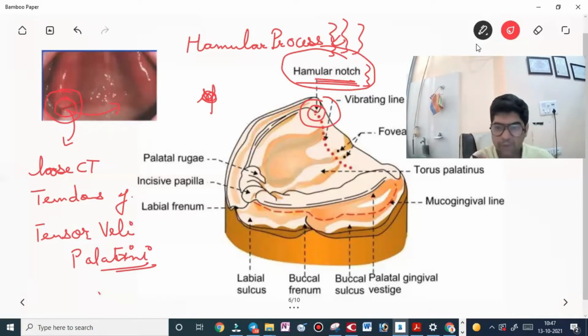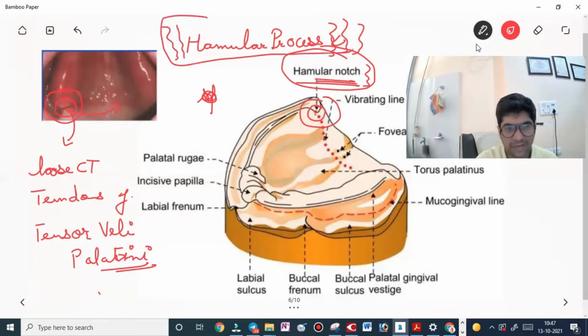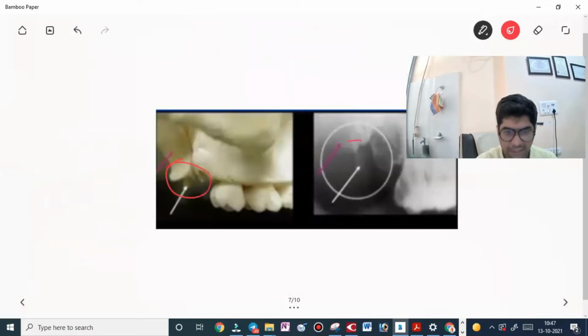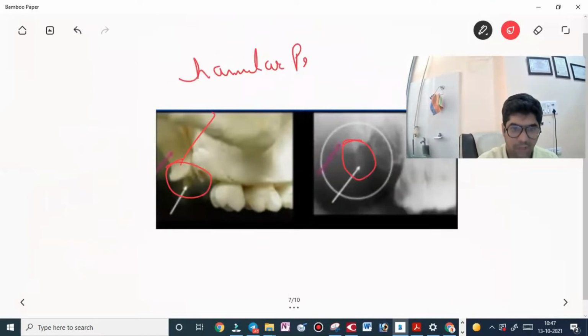So remember the posterior extent of the denture should extend over the hamular notch and not over the hamular process. If the denture border extends over the hamular process, that would cause severe pain. So this next figure represents the hamular process. If the denture border extends over the hamular process, that would cause pain during the denture wearing.